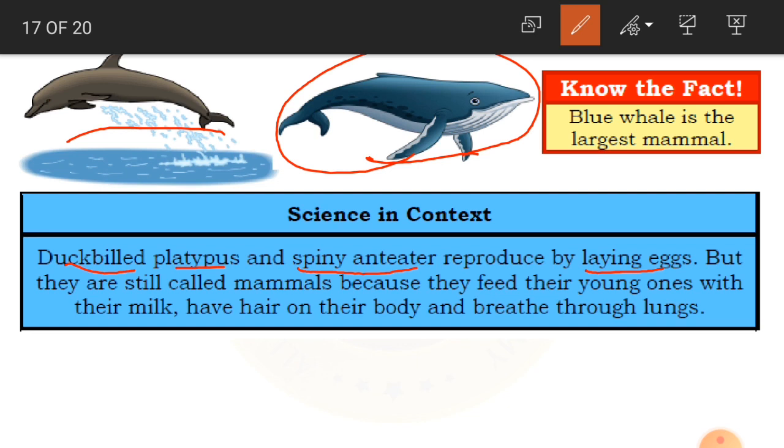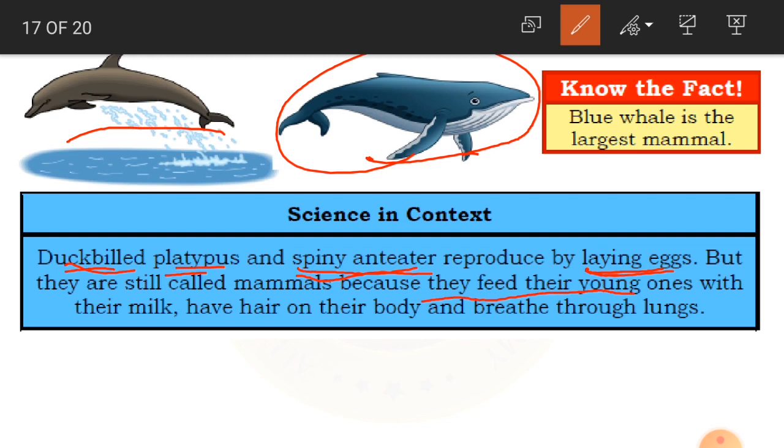But they are still called mammals because they feed their young ones with their milk. You might have wondered: as we said before, mammals give birth directly to the young ones, but these two animals, the duck-billed platypus and spiny anteater, reproduce by laying eggs. Then how are they mammals?